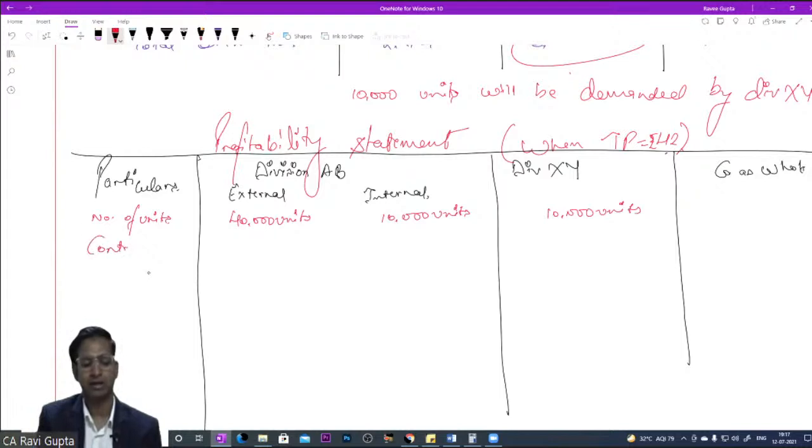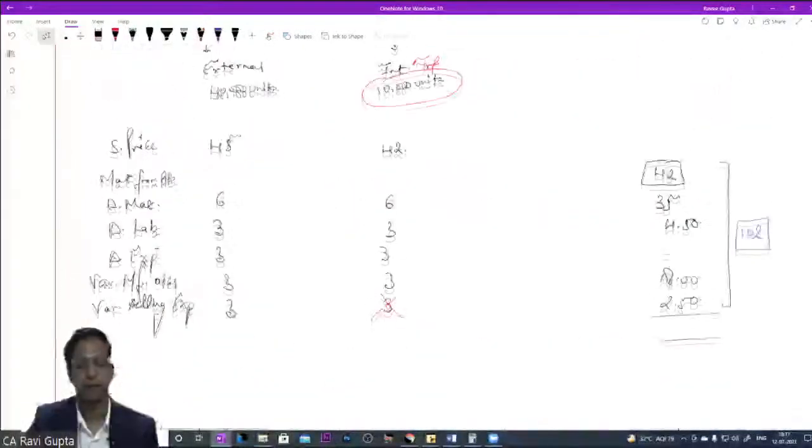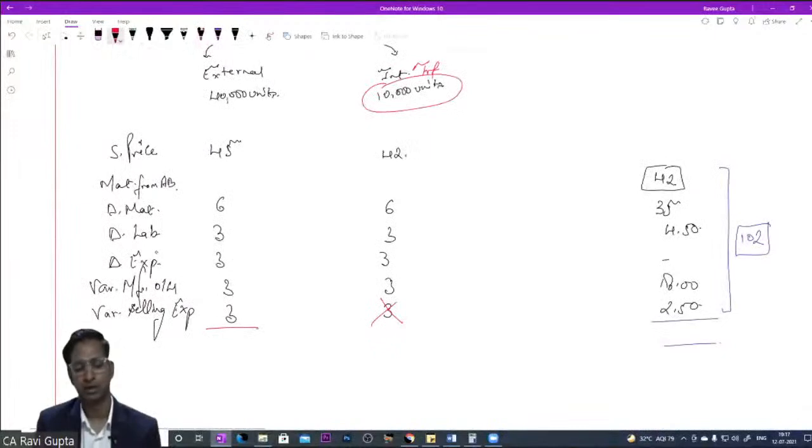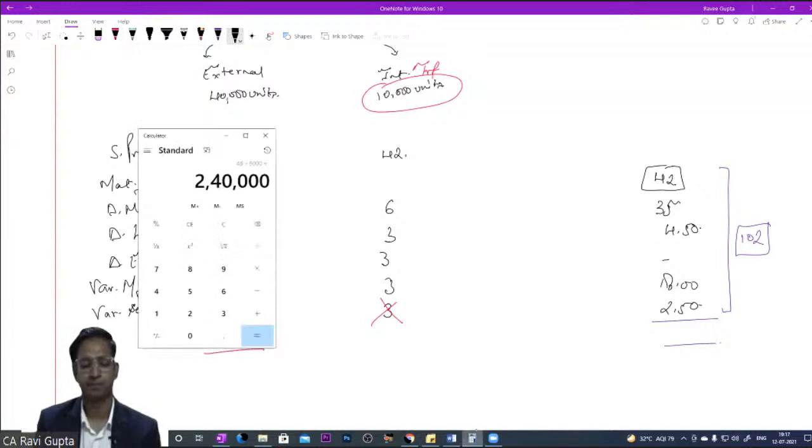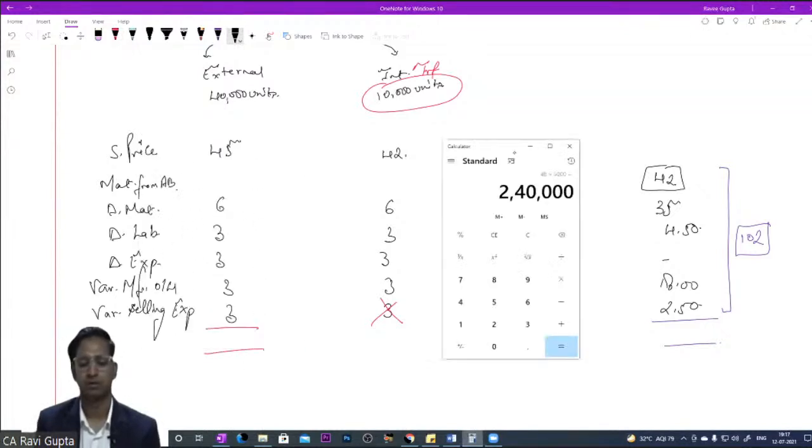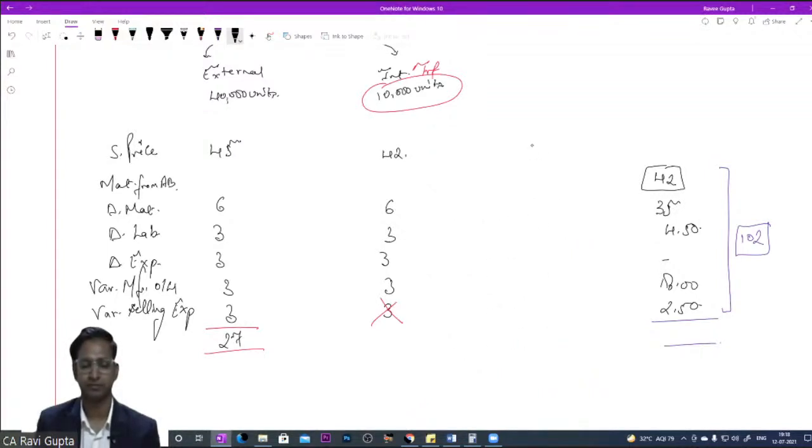And we are directly writing the contribution per unit, right? Can you tell me what is the contribution per unit in this case? 45 rupees minus 6 minus 3 minus 3 minus 3 minus 3, that is 27 rupees.